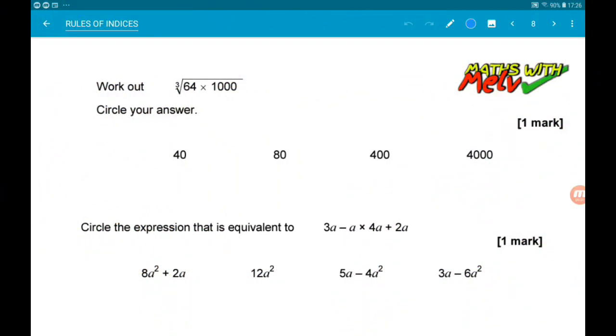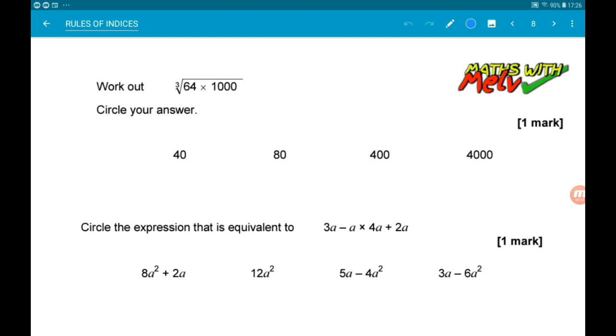Okay, next up, we want to work out the cube root of 64 times 1000. So, 64 and 1000 are both cube numbers.